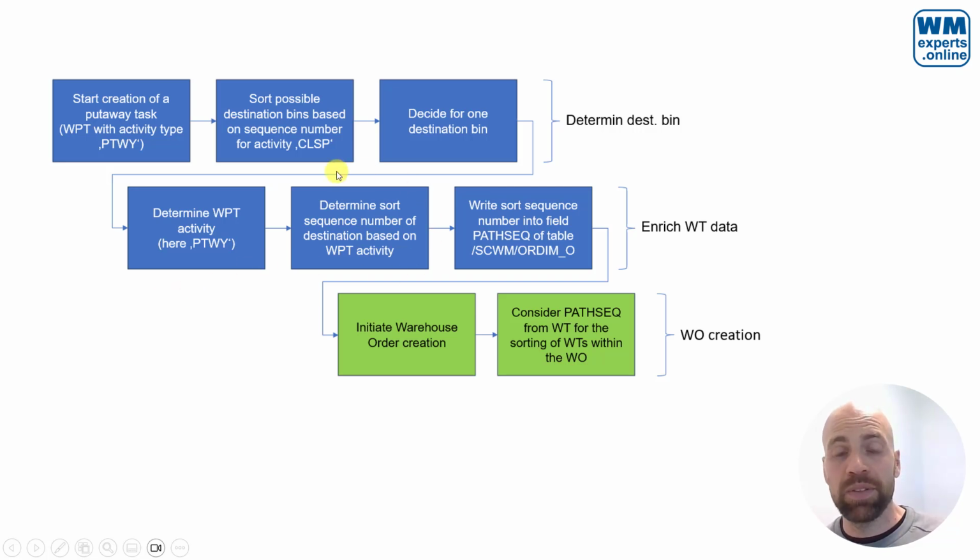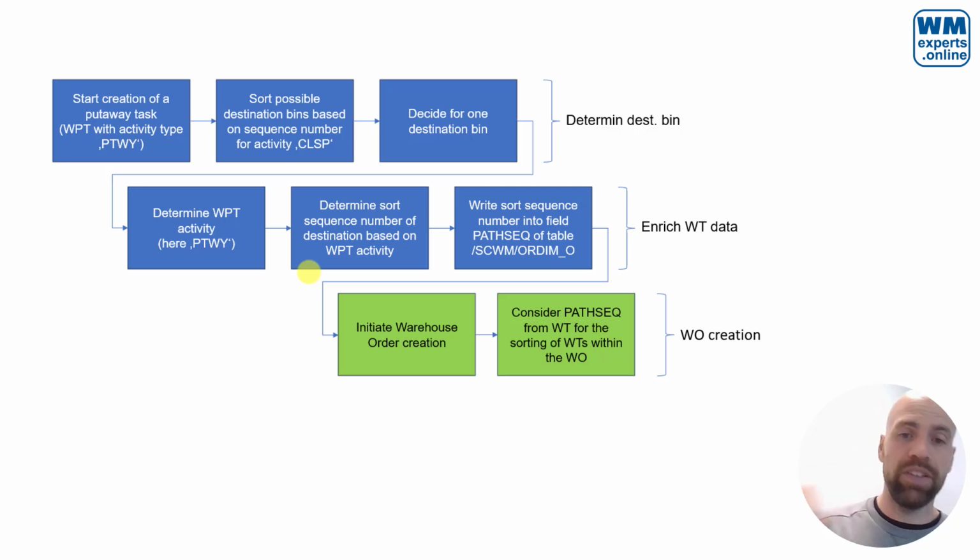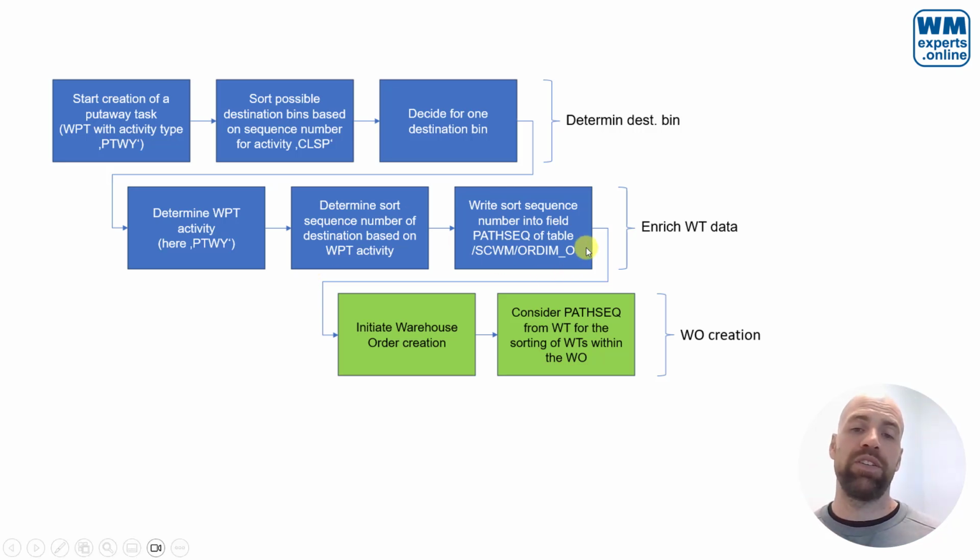We read the sequence number from the LAGPS table based on this activity that we took from the warehouse process type. We find the sequence number in the LAGPS table and save it in the pass sequence field of table SCWM ORDIM-O.